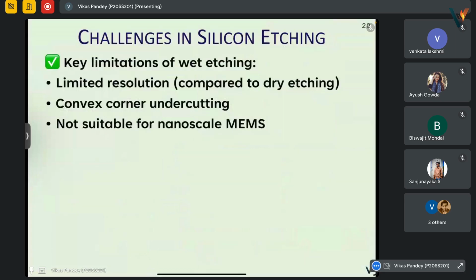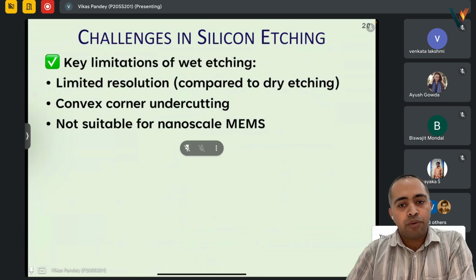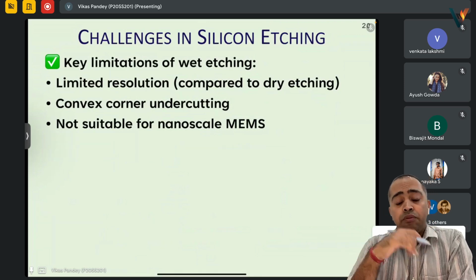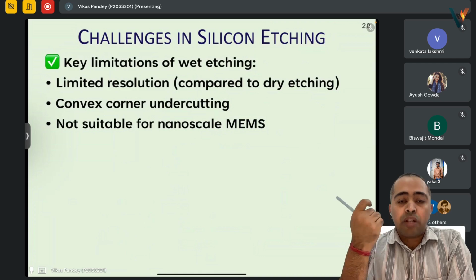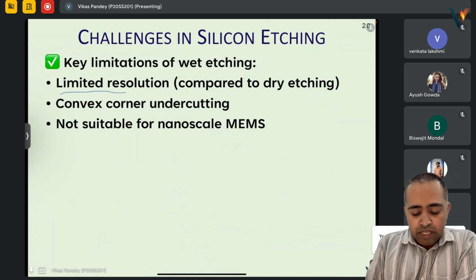Then, what are some of the common challenges that we face when we are doing the silicon etching? Since we have seen theoretically how it will be done, when we do the etching process, what are the limitations? What are the problems that we face? One is it has limited resolution.